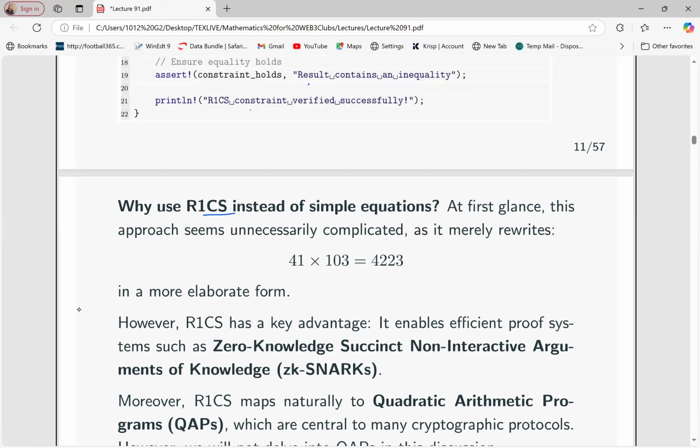Somebody will be asking that question, but I've said that this was a very simple example. Being a simple example, one may think that a rank 1 constraint system will not be important for you to prove that you know Z, which is XY. But we are saying that we have complicated examples I will be doing.